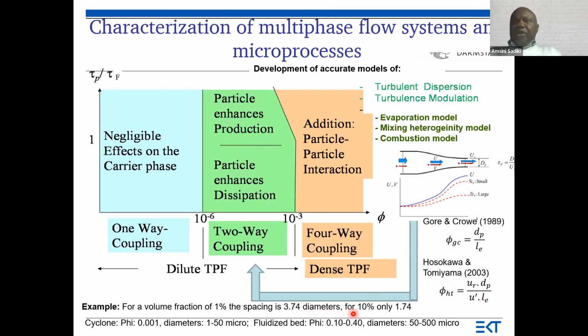This example I gave before: for particular systems, for example in a cyclone, we have the particle volume fraction in this order of magnitude.